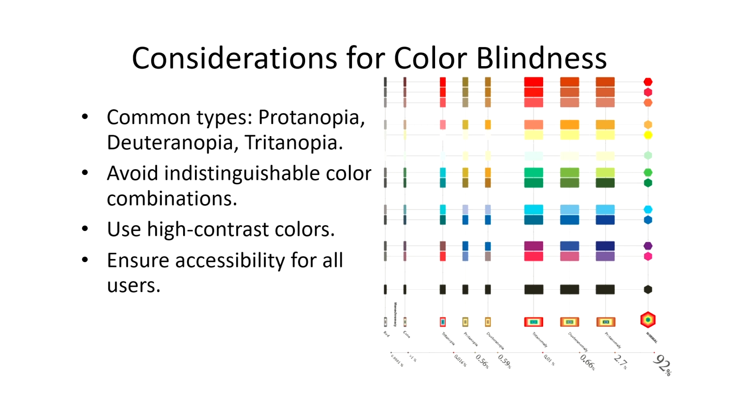These conditions result in difficulties distinguishing between specific colors, leading to potential confusion and information loss for affected individuals. By avoiding color combinations that may pose challenges for color blind people, we can provide alternative cues such as patterns or labels.